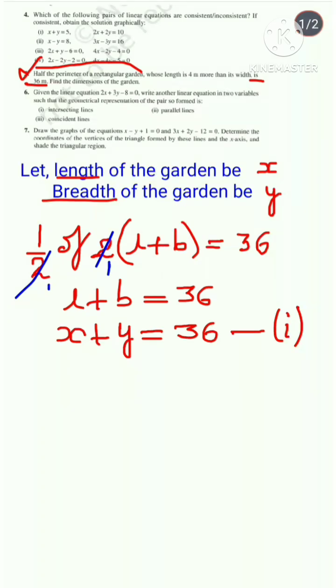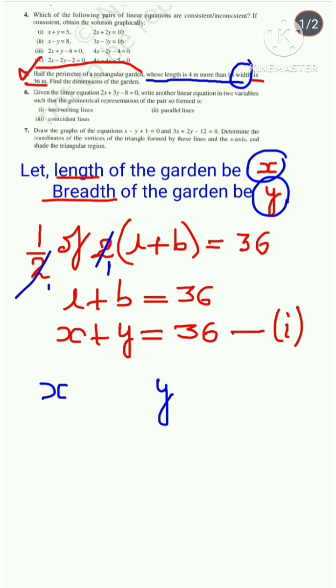Now according to the second condition, whose length is 4 meter more than its width. Width means its breadth. Okay students, here the length of the garden we have assumed x, similarly the breadth of the garden we have assumed y.